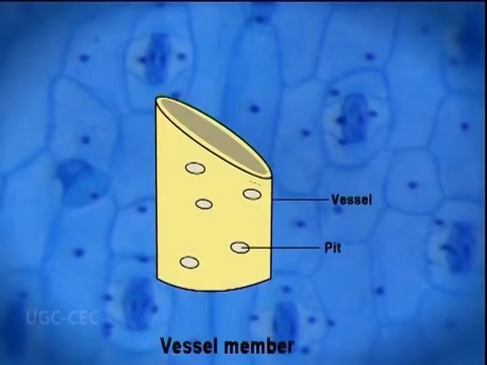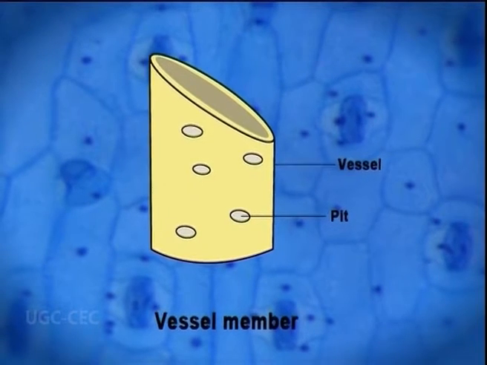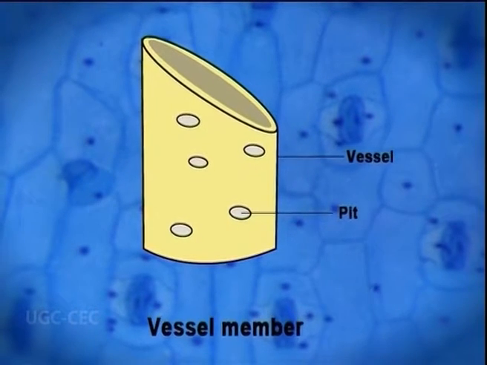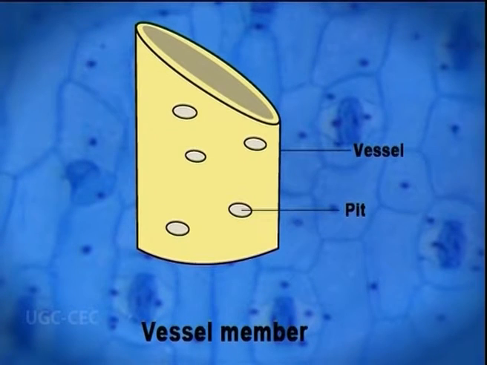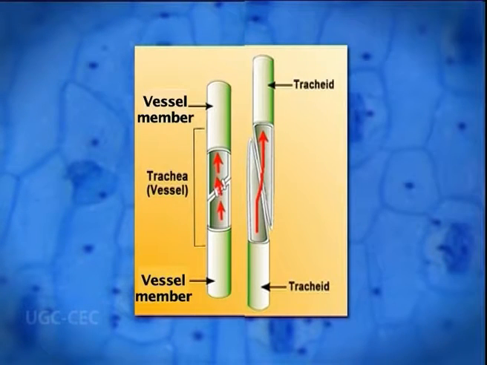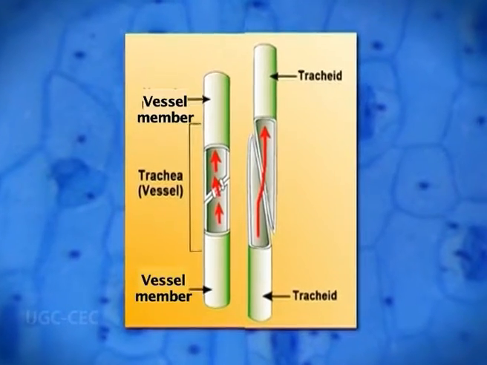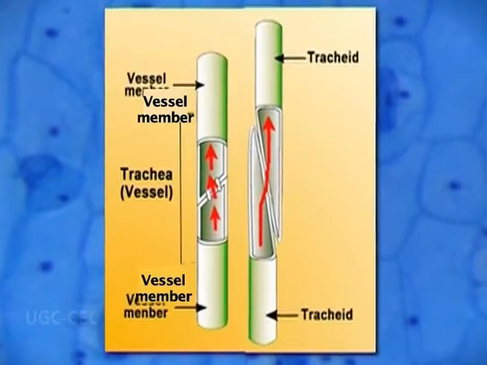The other type of tracheary element is the vessel member, which is a non-living element of xylem, joined to form a tube-like series of cells, which is termed as vessel or trachea. These series of cells are arranged parallel to the long axis of the organ in which they occur.